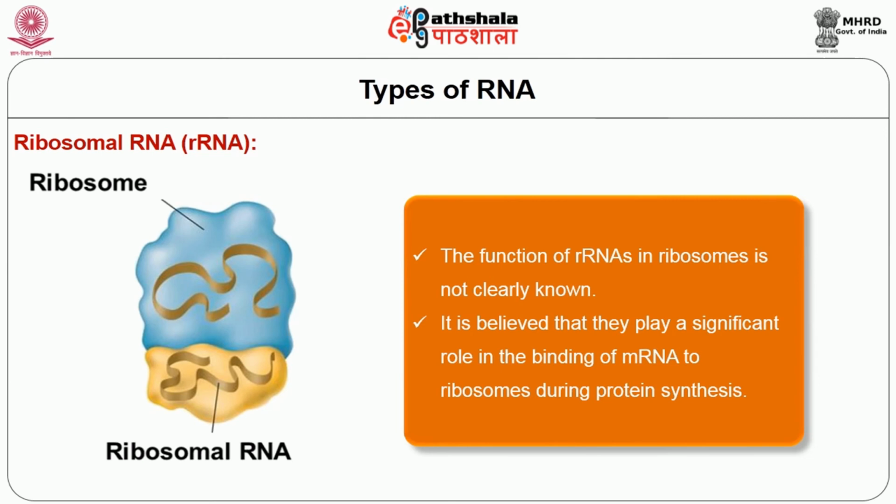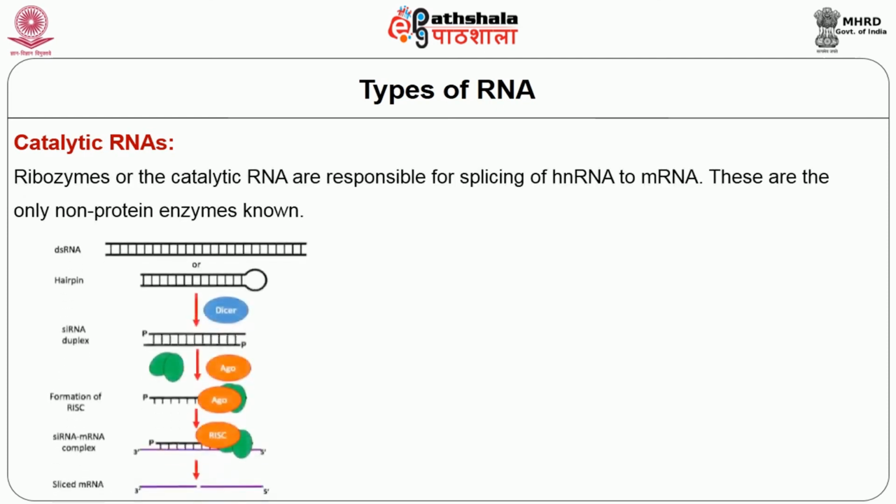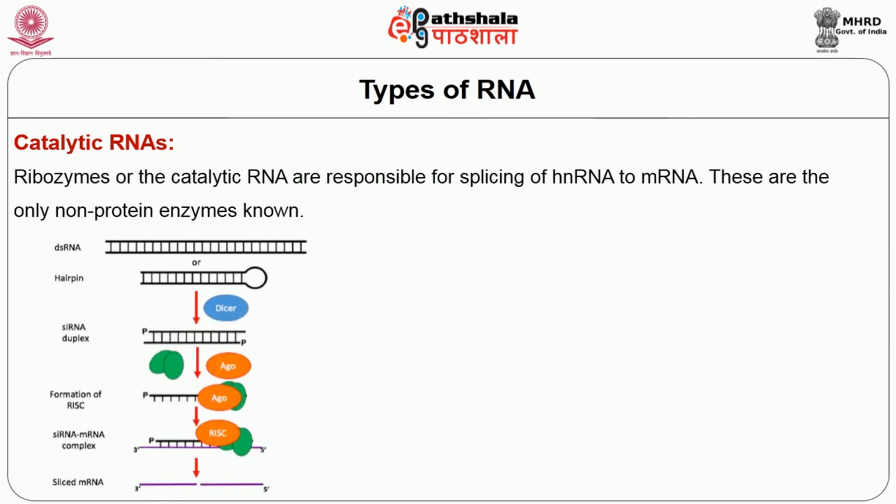It is believed that they play a significant role in binding of mRNA to ribosomes during protein synthesis. There are several other subtypes of RNA. Among these, the most important ones are the catalytic RNAs, otherwise called ribozymes, and the siRNA or small interfering RNA. Ribozymes or the catalytic RNA are responsible for splicing of hnRNA into mRNA.